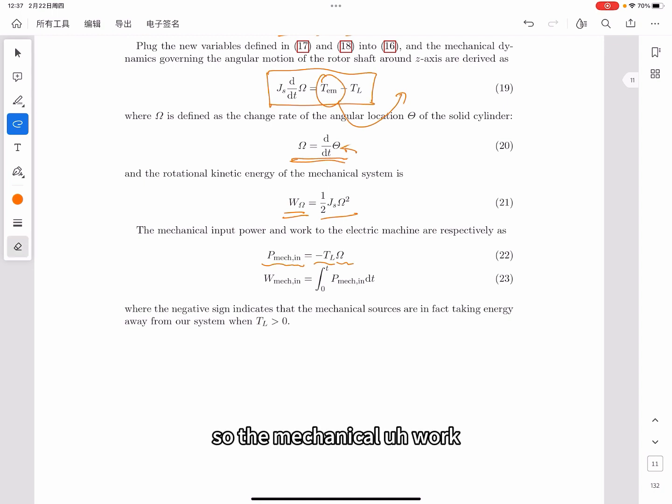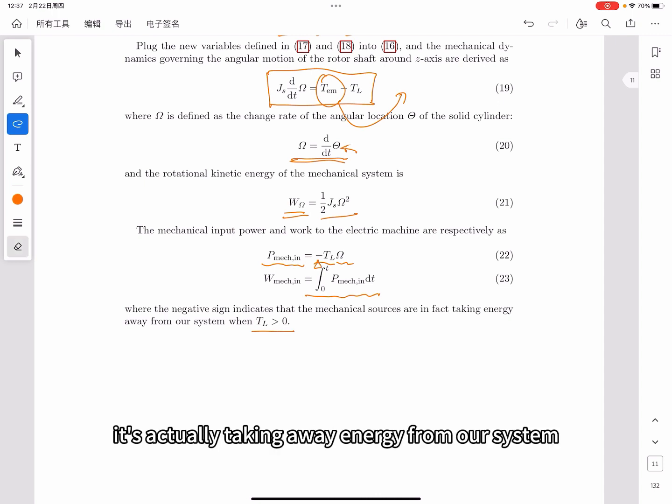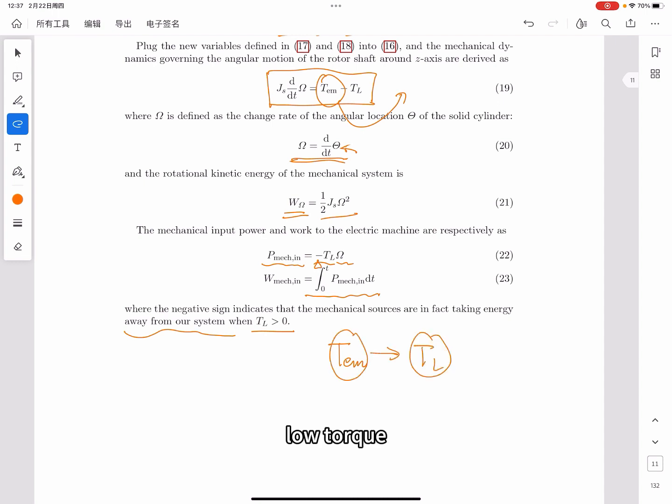So the mechanical work done by the mechanical input torque TL is the integration of the power over time. Note there is a negative sign here. So when TL is larger than 0, it's actually taking away energy from our system, which means the energy flows from our electromagnetic torque to the load torque.